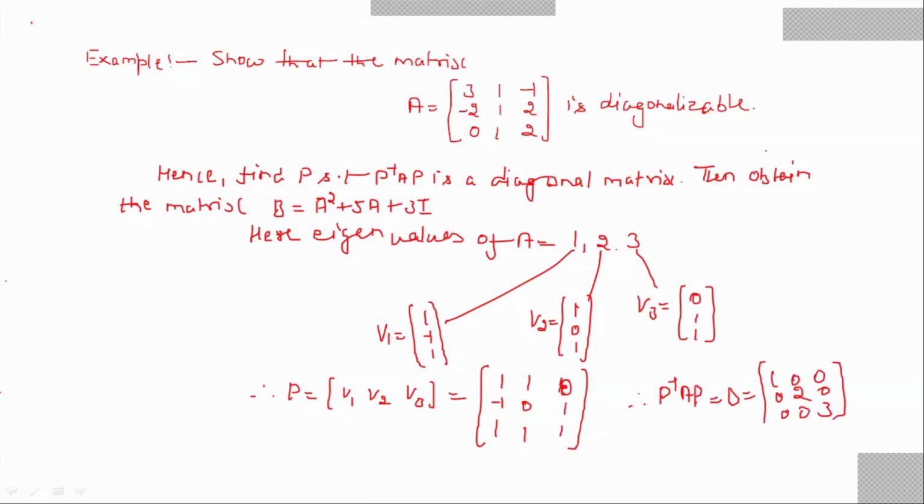Now can you find this B matrix, A squared plus 5A plus 3I?